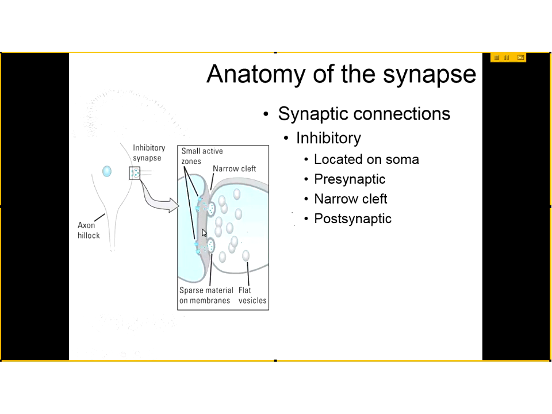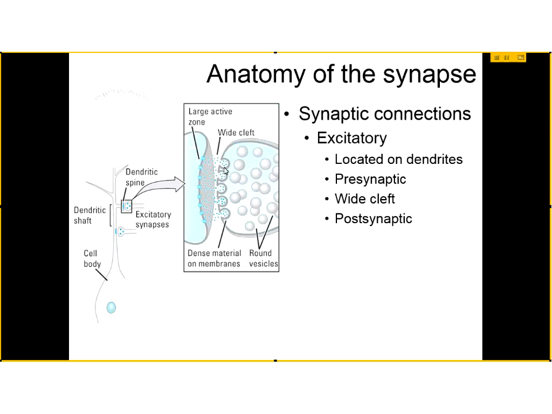We see the synaptic cleft is a little bit more narrow, relative to what we saw with the excitatory synapse, and there's a smaller active zone, or more sparse material, postsynaptically. So this is a smaller active zone than we saw with our excitatory synapses.